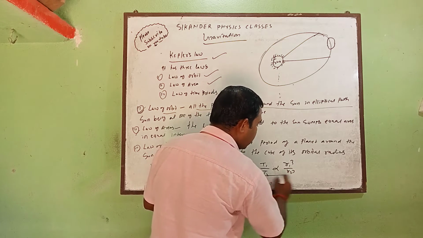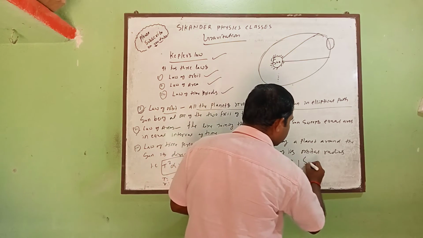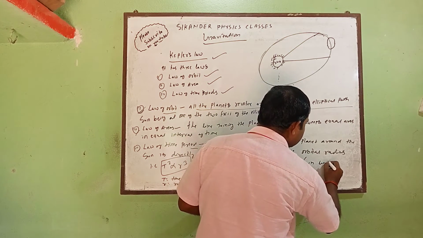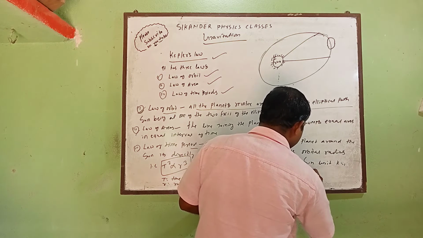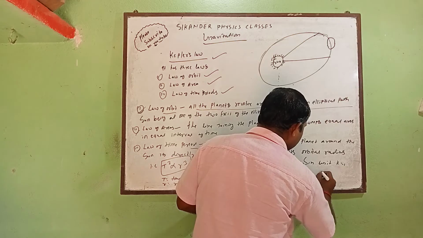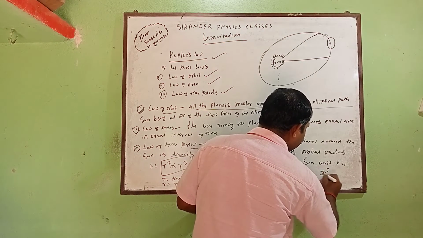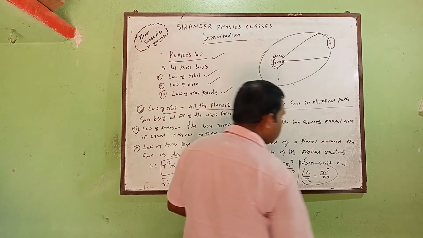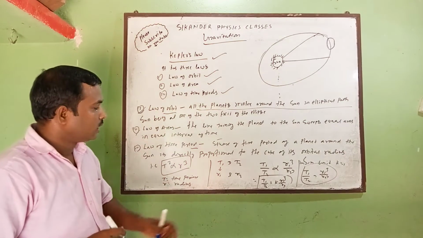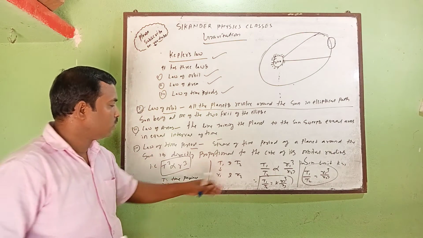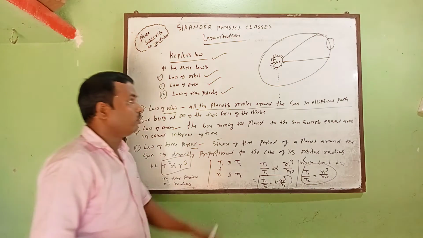Can we write that? Yes. And you know that in SI units k is equal to 1. Therefore T1 squared by T2 squared is equal to r1 cubed by r2 cubed. So this will be the comparison whenever you take two planets having time periods T1 and T2 and radii r1 and r2.